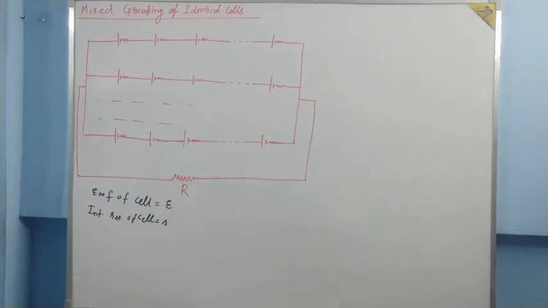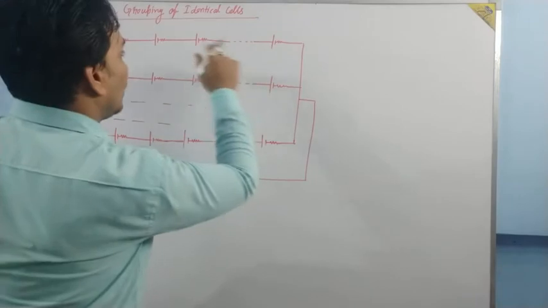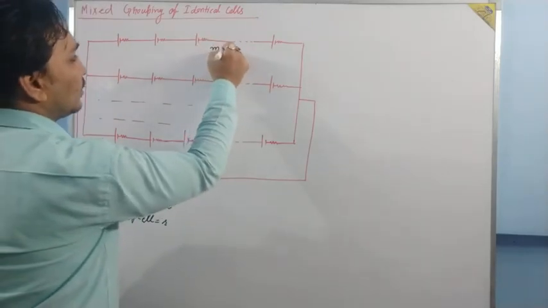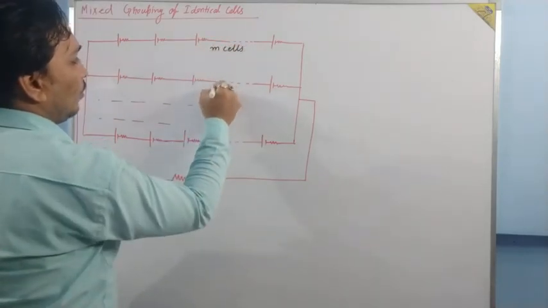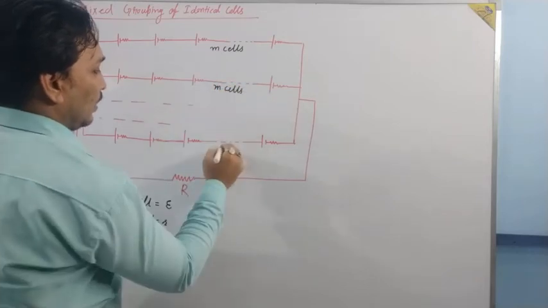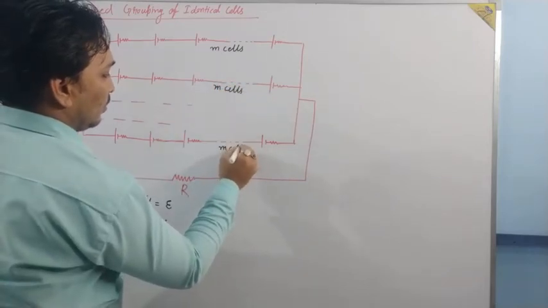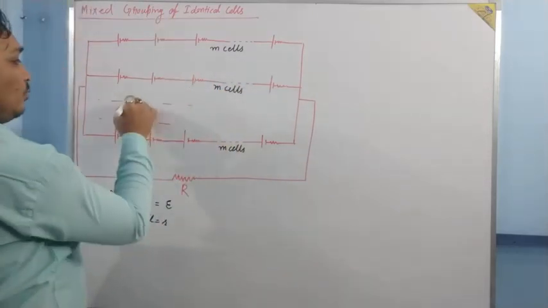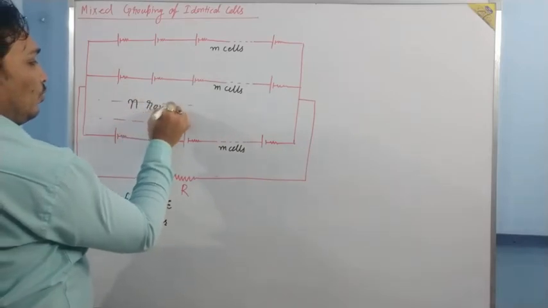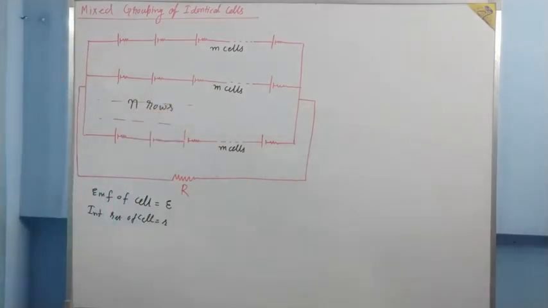Now, in one row, suppose there are m cells. And how many rows are there? Suppose there are n rows. In one row, there are m cells, and there are n rows.